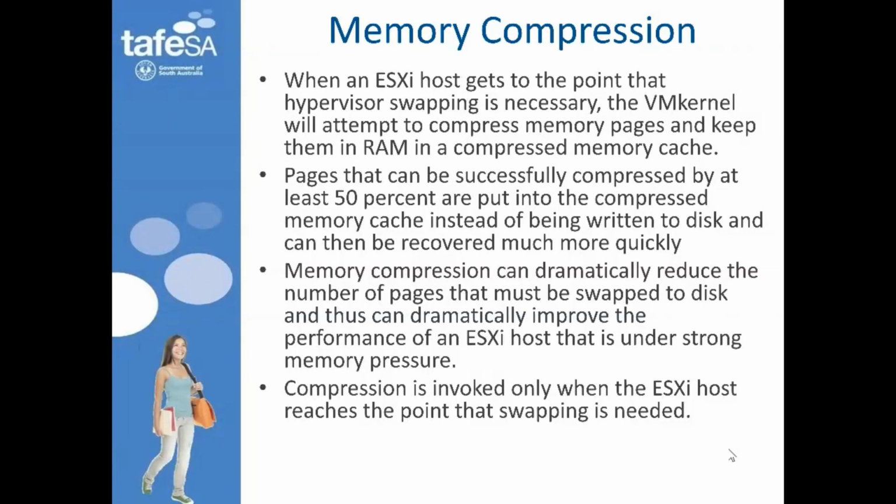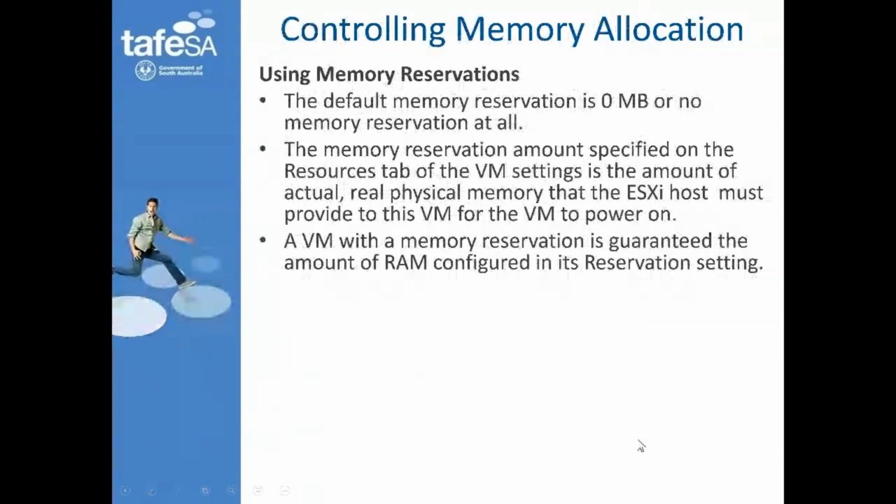Memory compression can dramatically reduce the number of pages that must be swapped to disk, thus dramatically improving the performance of an ESXi host under strong memory pressure, where it's really in high demand. Compression is only invoked when the ESXi host reaches the point where it needs to do hypervisor swapping. So hypervisor swapping is the last resort, but memory compression is going to try to relieve that as much as possible. Still not ideal, but better than swapping.